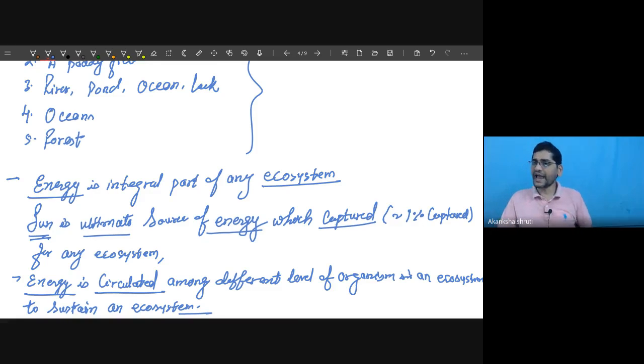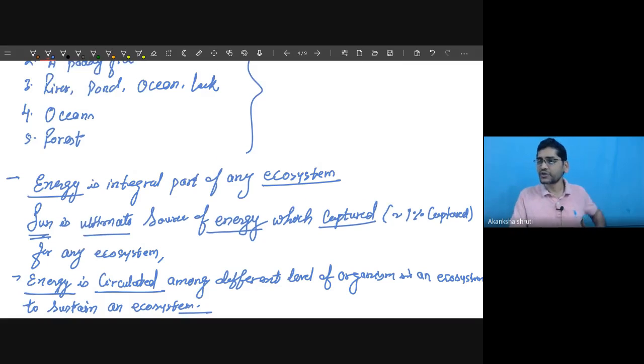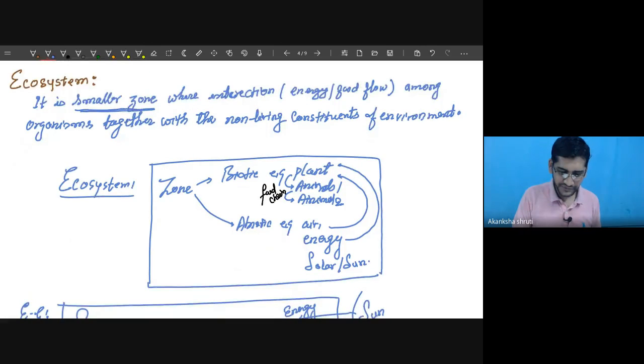So how does this energy flow in an ecosystem? That leads to the formation of the food chain. So what is this food chain? That we are going to learn. Okay students, any doubt then please ask.